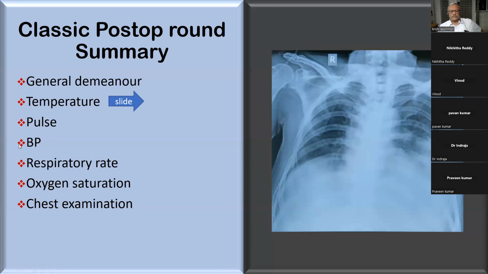Yeah, go on. Both the clavicles are seen and the trachea is in the midline, and there is a haziness on the left side of the costophrenic angle, sir. Only the costophrenic angle? Extending to the middle lobe also.